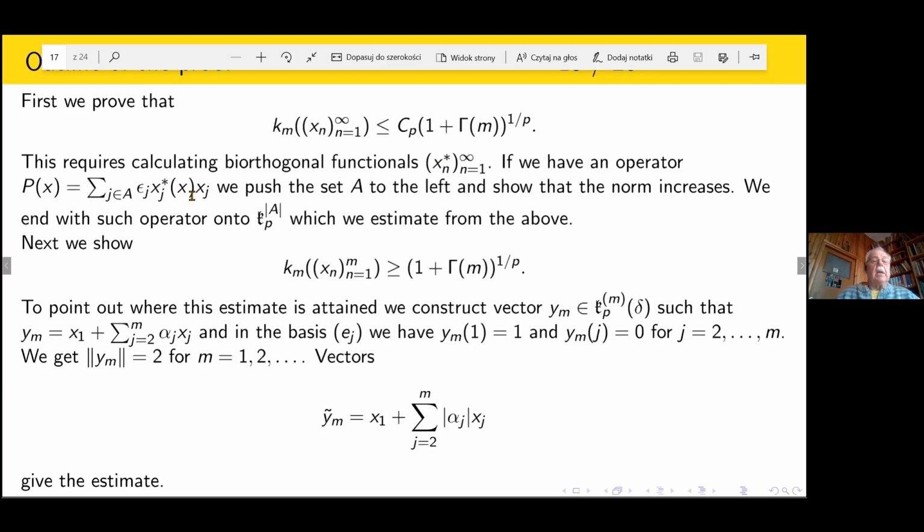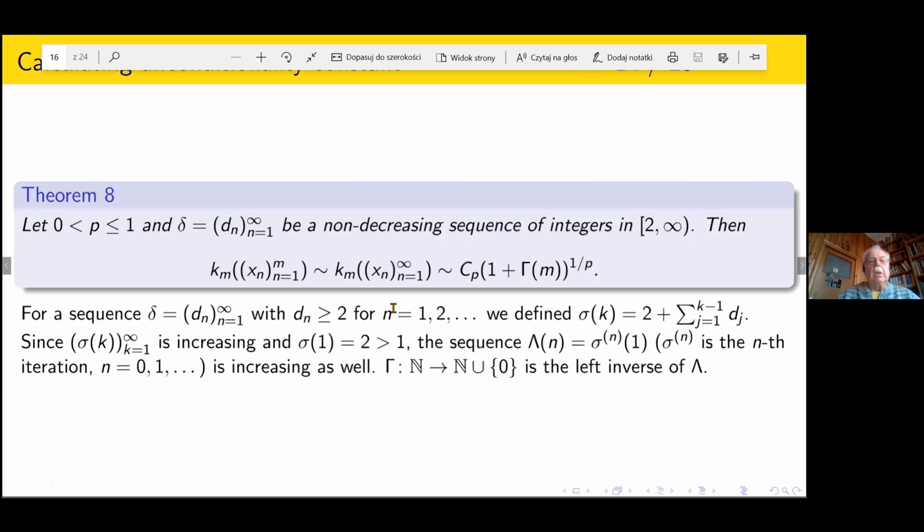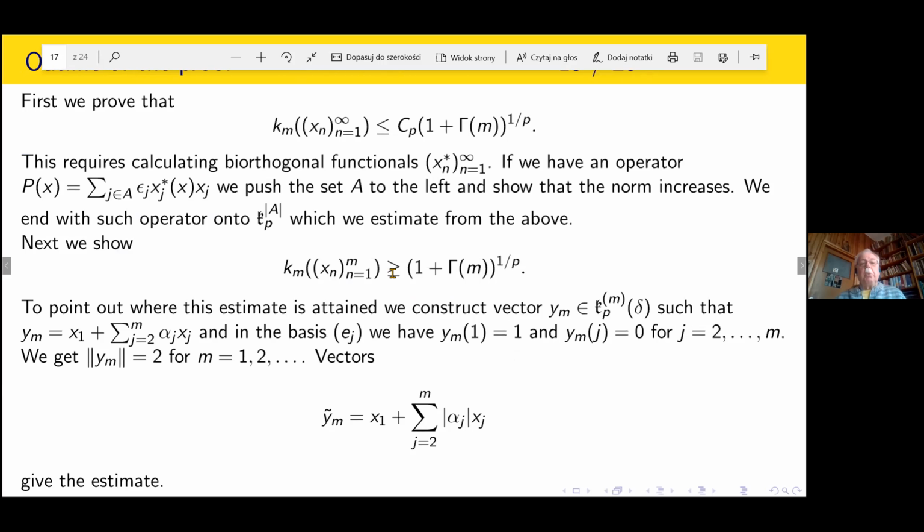And then we take an arbitrary operator like this, which should come into here. Maybe I wrote it only without pluses or minuses, but this will turn out to be almost the same. And then we push this set A to the left to get to the beginning.